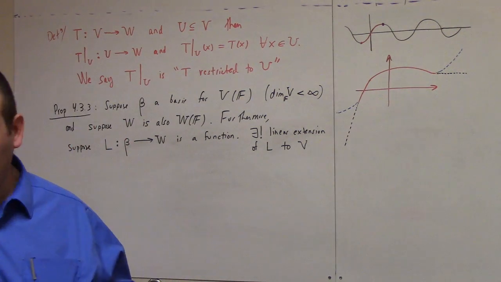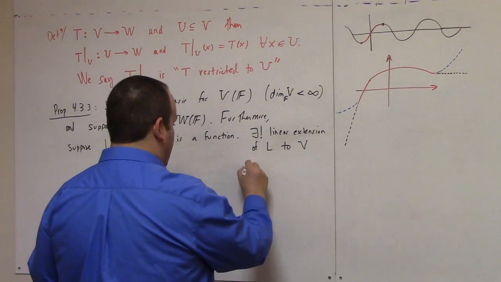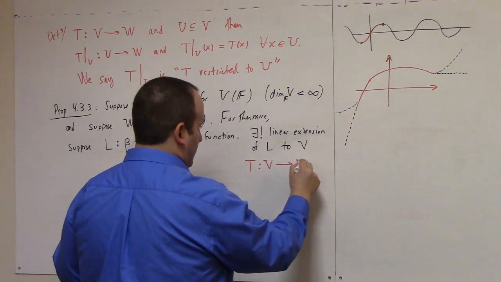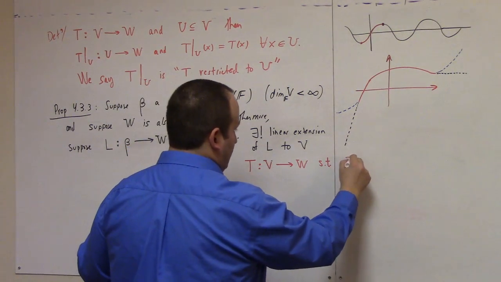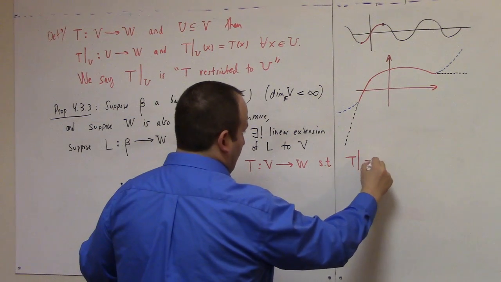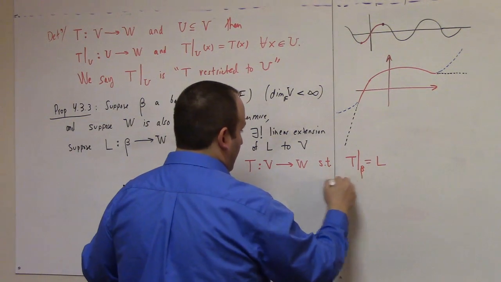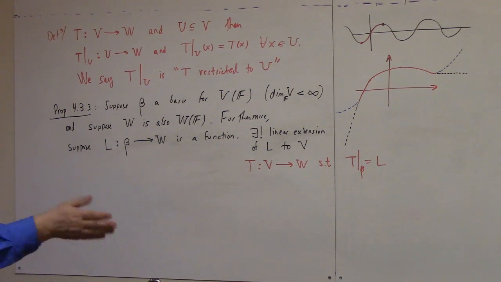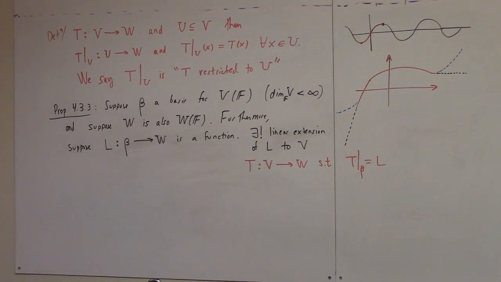I mean that you can find another linear transformation, let's say T, from V to W, such that if you take T and you restrict it to the basis, you get back the given L. That makes T an extension of L off the basis. People do this all the time. They'll say, I'm going to give you the values of the function on the basis, and then you just extend linearly. That's a very common way to construct a linear transformation as you go on in mathematics.